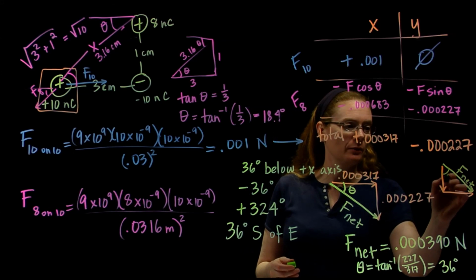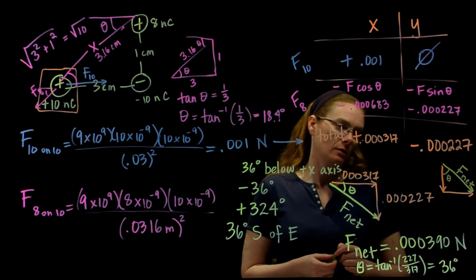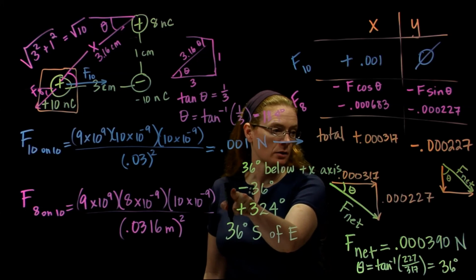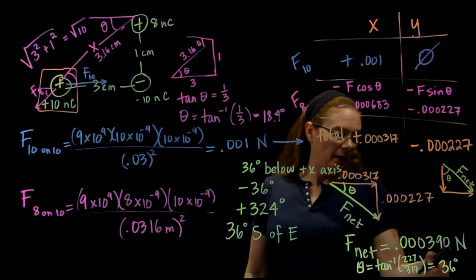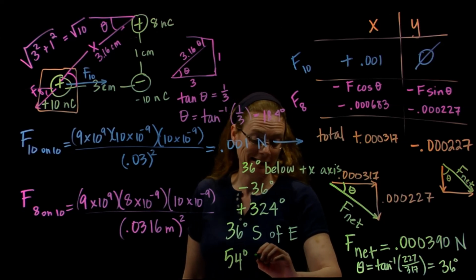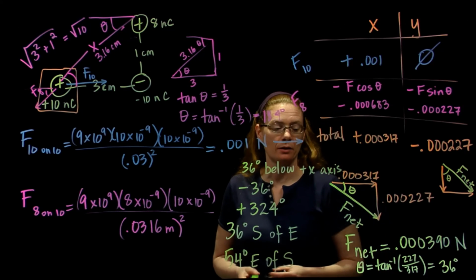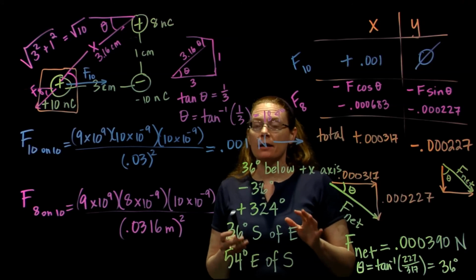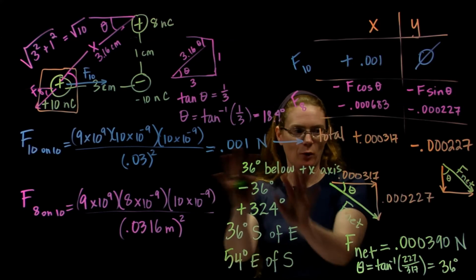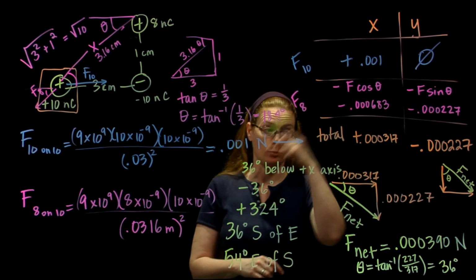But then you would determine this angle, and that would still be plus 324 or negative 36. But if you did that, it would be 54 degrees east of south. That would also work. So that would be another answer. So the final answer is the size of the force and the direction in one of these ways. I don't care which format you use. Give me something that tells me exactly where it's pointing.